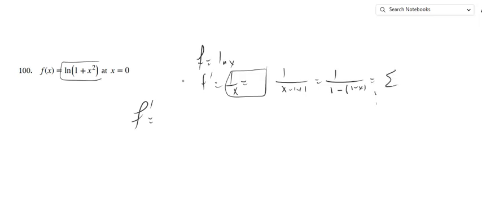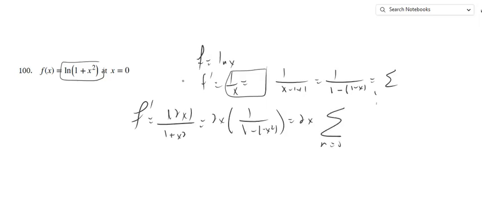The derivative of natural log of 1 plus x squared is 1 over 1 plus x squared times 2x. And I know this is 2x times 1 over 1 minus negative x squared. So I'm not skipping any steps in this case, and I'm writing this on one line so you could see it. The series n equals 0 to infinity, and I'm going to replace the negative x squared to the n power.